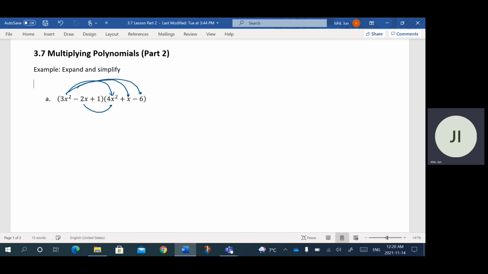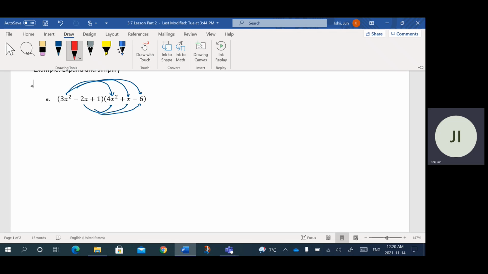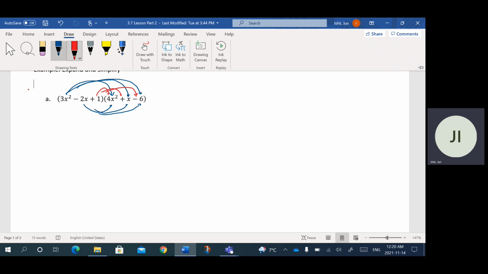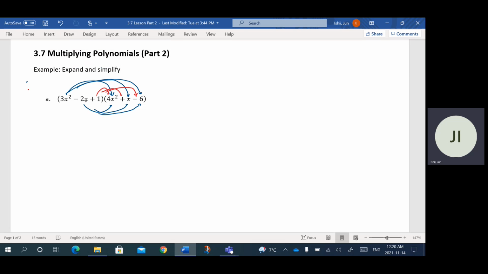Likewise, the negative 2x gets multiplied with each one of the terms, and as well, the 1 gets multiplied in as well. We're going to end up with 9 terms, and then we're going to collect our like terms. So you just match up each term and multiply them together.